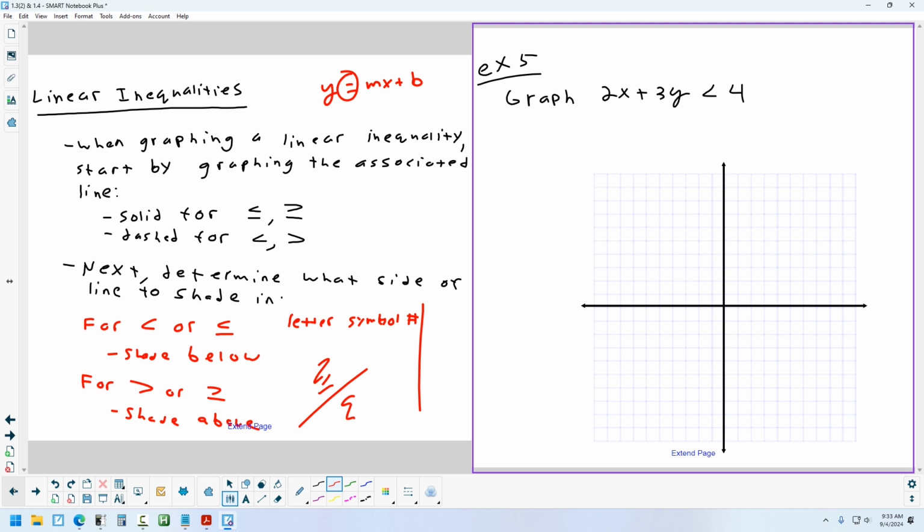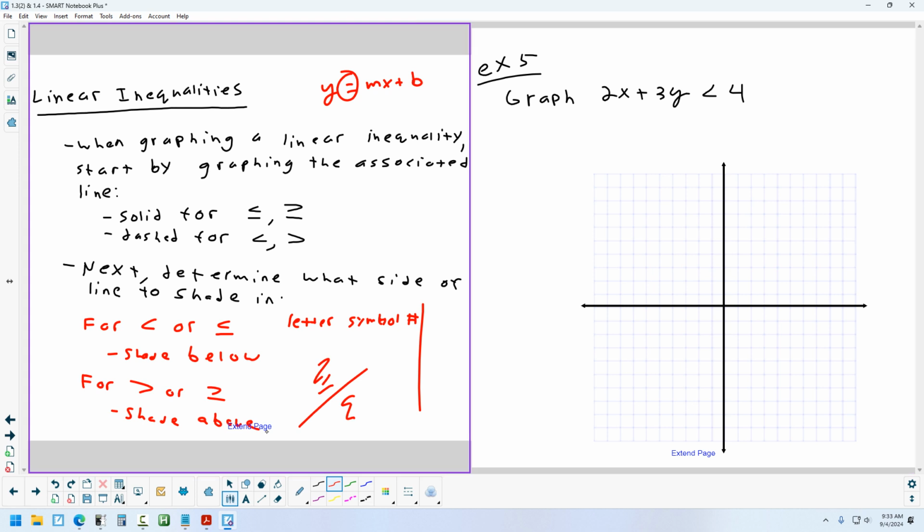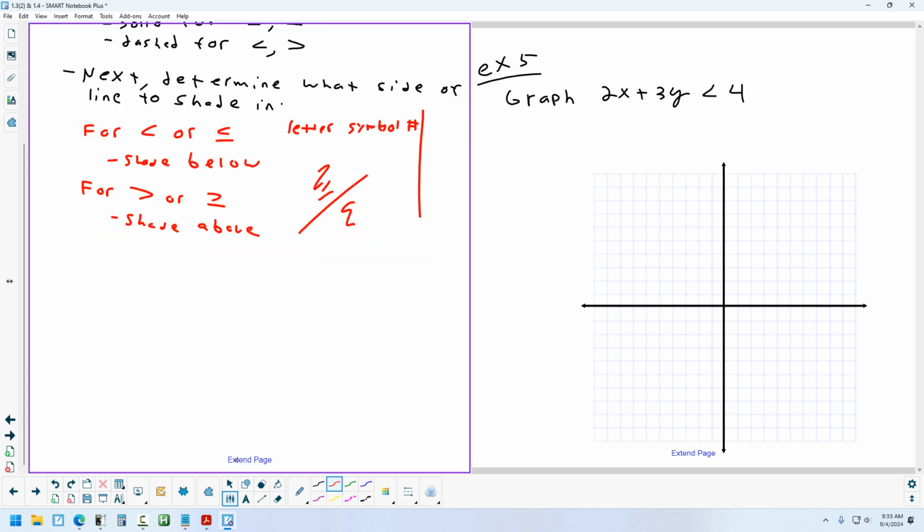No. So can anybody tell me my first step to rearrange this into a better format for graphing? Courtney? Yep, I'm going to move the x to the right side. I'm going to do it over here because I have more space. And can you tell me what would be on the right side once I do that? Perfect.